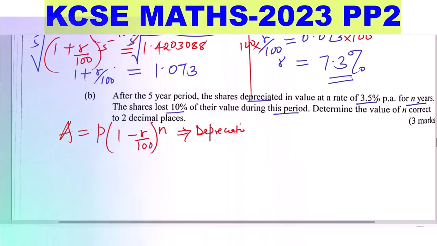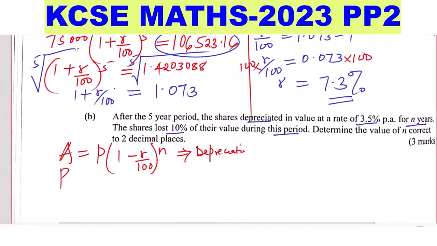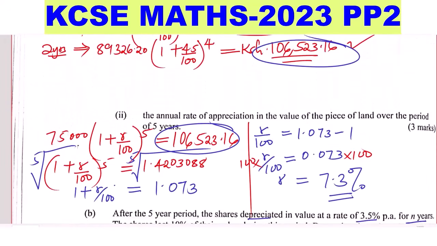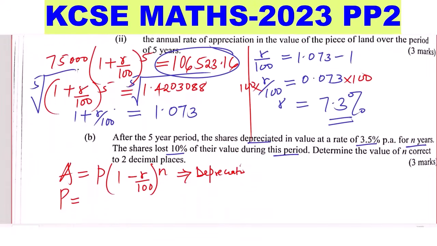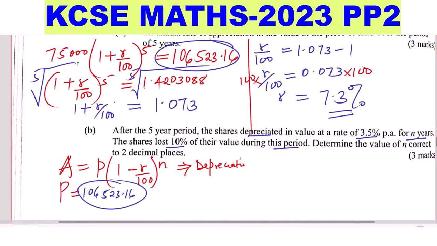The principal amount after 5 years is the same value, 106,523.16. So it is depreciating now from this amount, and we require to get n.